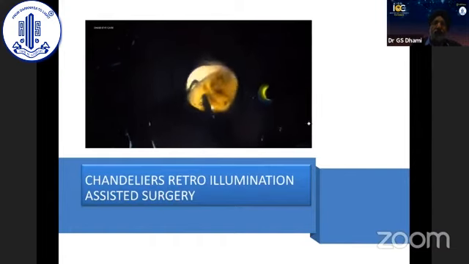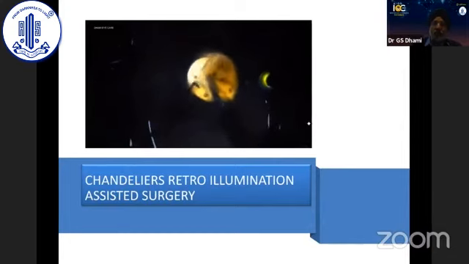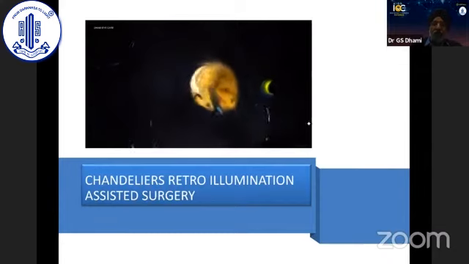And this is called a forward chop, holding the nucleus and cutting it from the back.